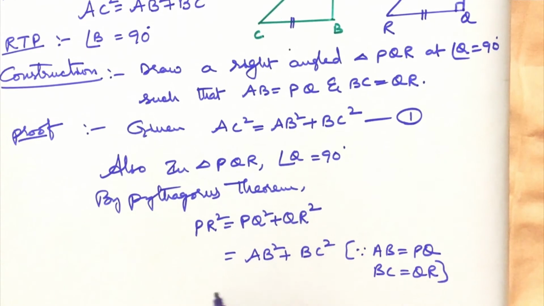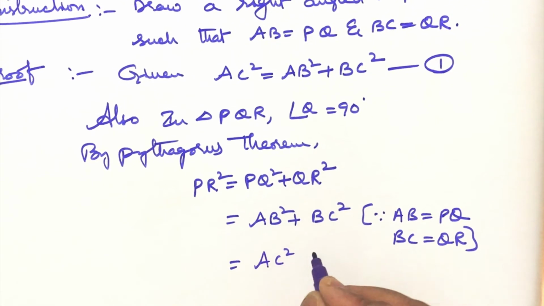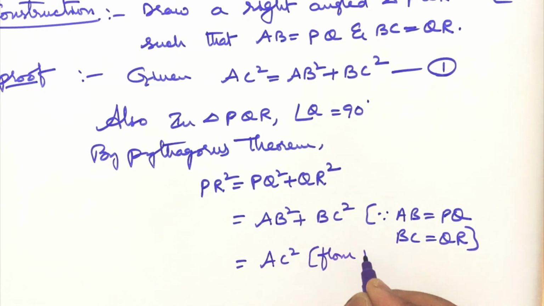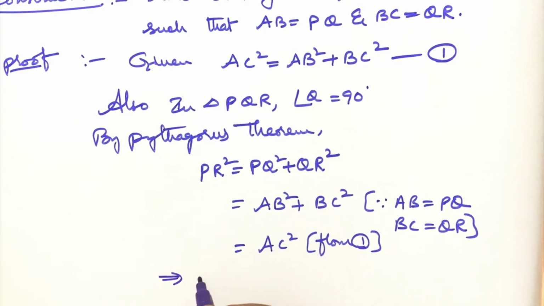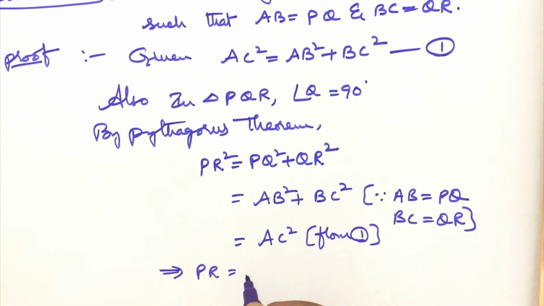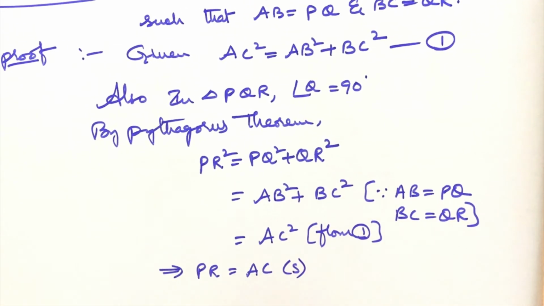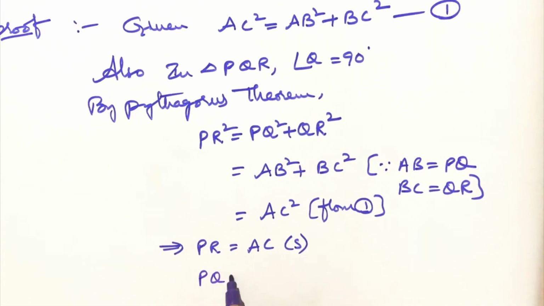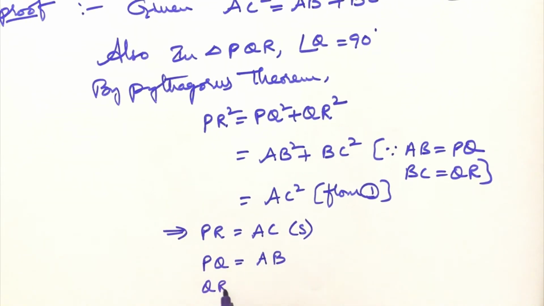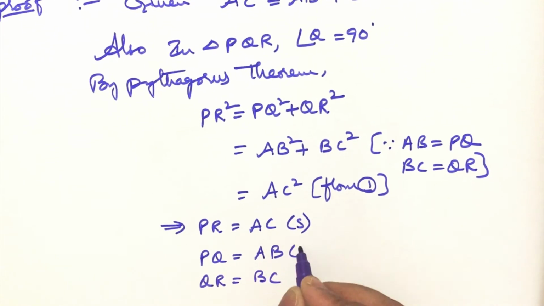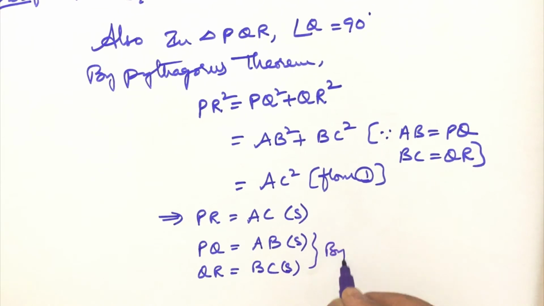But here in equation 1, AB square plus BC square is equal to how much? AC square. This is from equation 1. So PR square is equal to AC square, which means you can write PR is equal to AC. This is one of the sides in the two triangles, and as well PQ is equal to AB by construction and QR is equal to BC by construction.